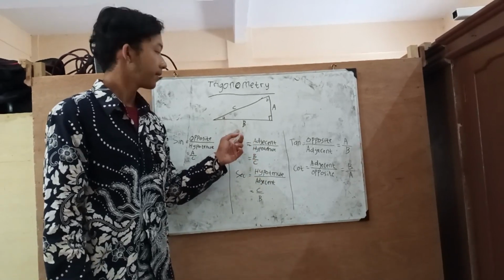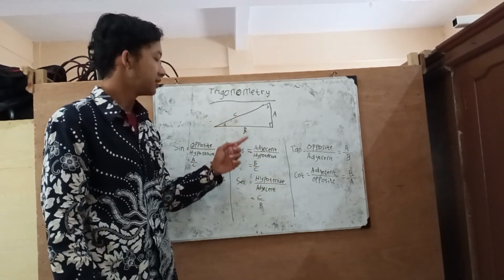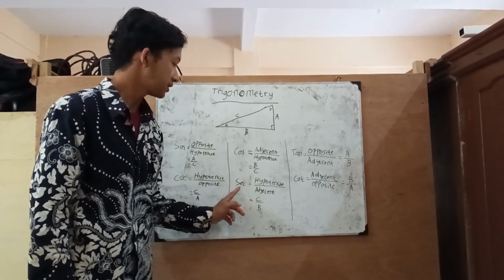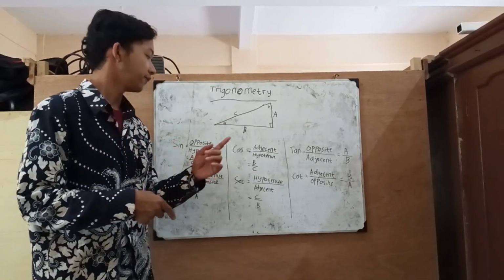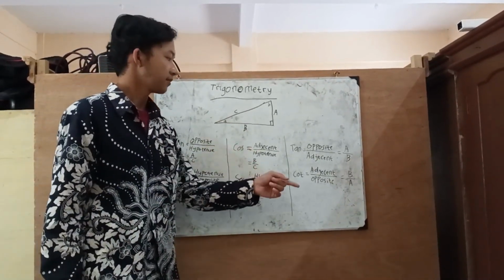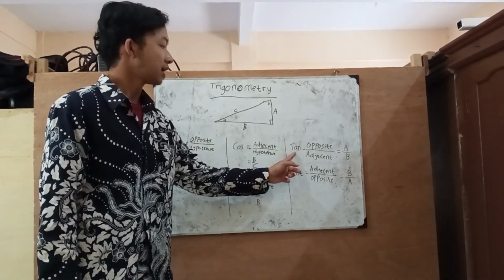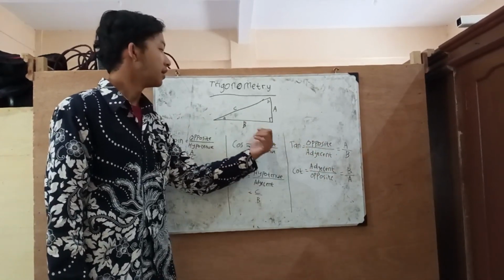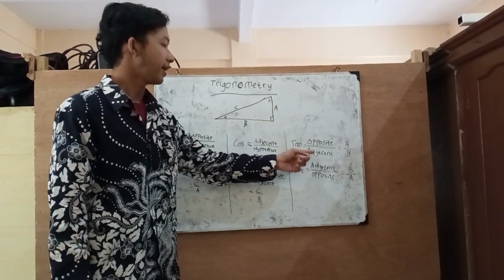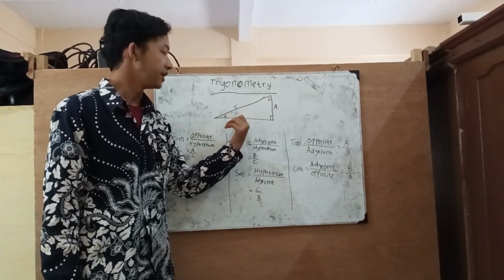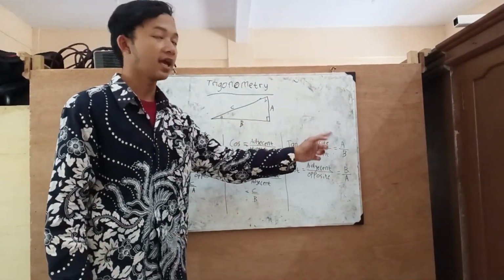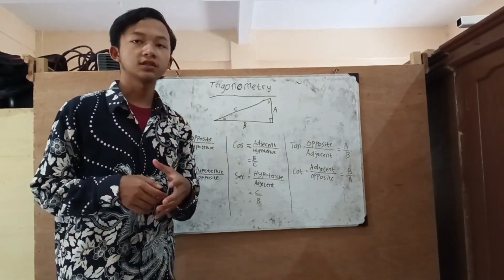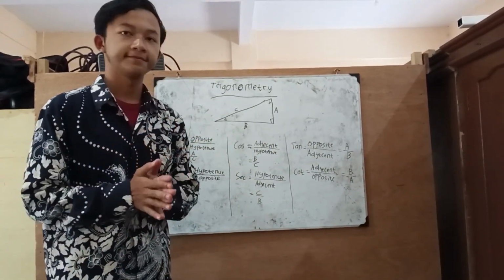Adjacent is B and hypotenuse is C. So cos is B over C. And secant is also the reverse of cos. And then tan is opposite over adjacent. Opposite is A and adjacent is B. So tan is A over B, and cotan or cot is the reverse of tan.